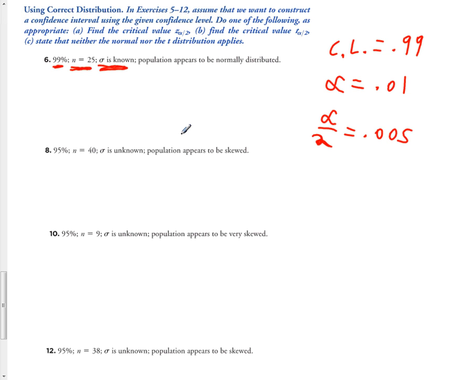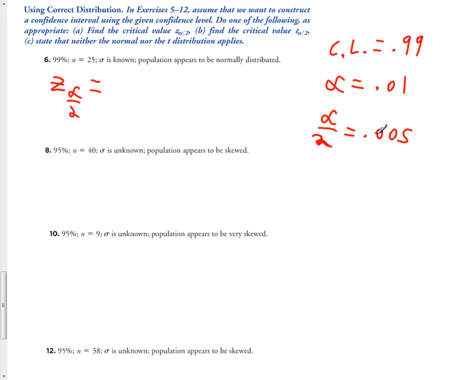Either the sample size was large enough, and we know in this case the sample size is not large enough, but as long as this population is normally distributed, we can still use z. So in this case, we're going to calculate a critical z-score. We're looking for a z of alpha over 2. And let's see how we do that.